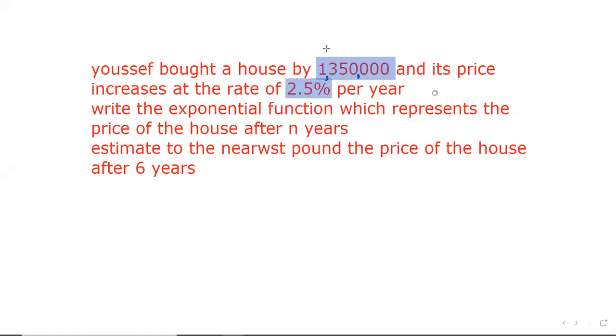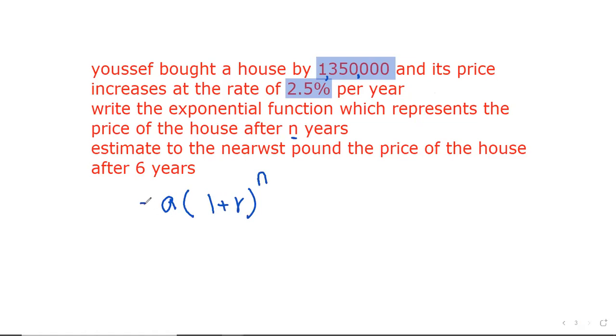So this is the rate. We write an exponential function which represents the price of the house after n years. So what is the exponential function, if you remember? It's A multiplied by 1 plus r to the power of n.